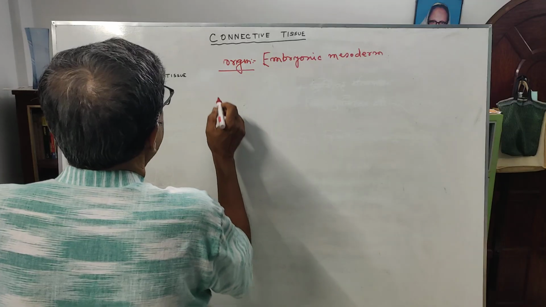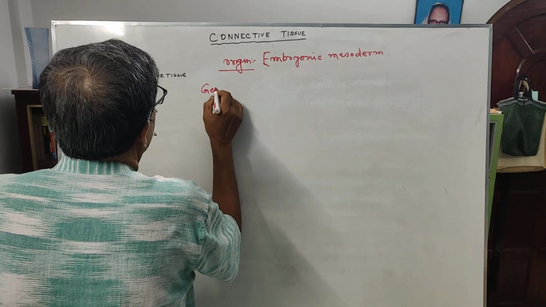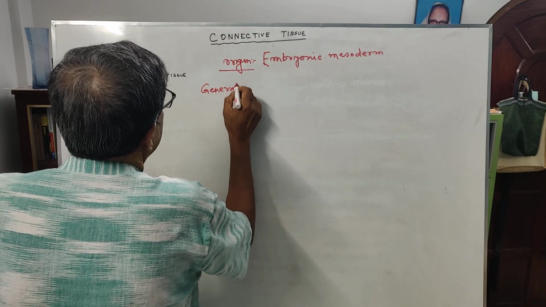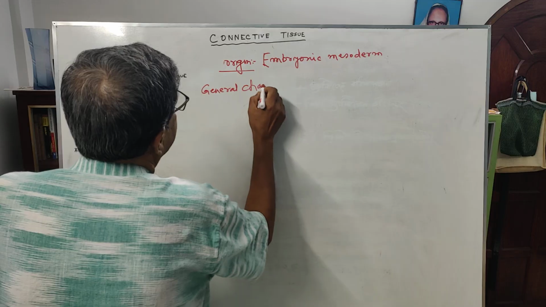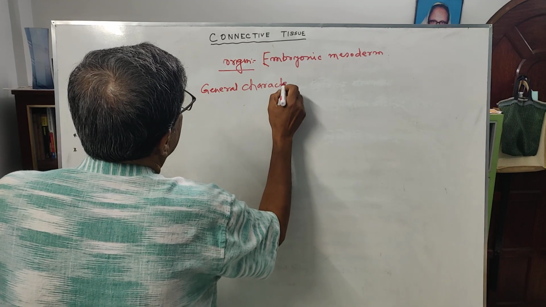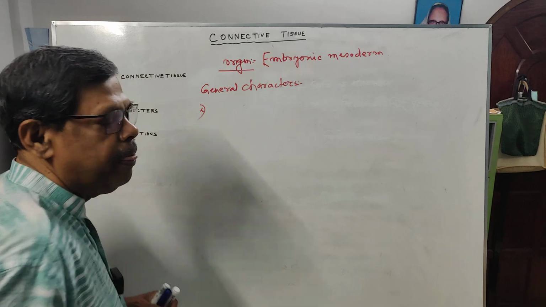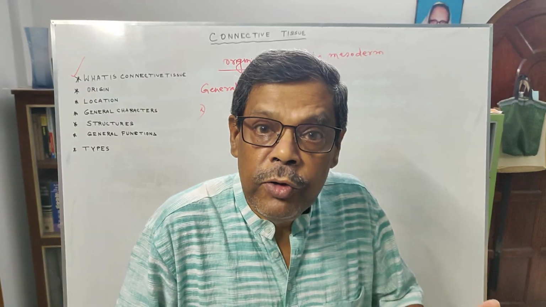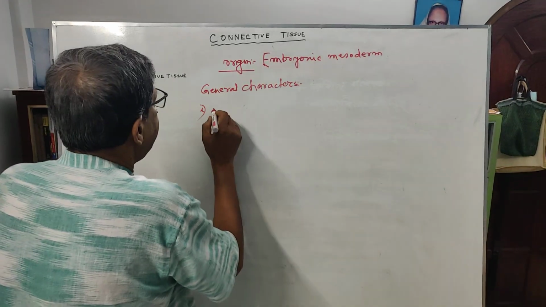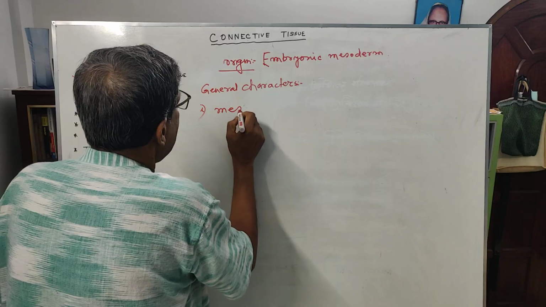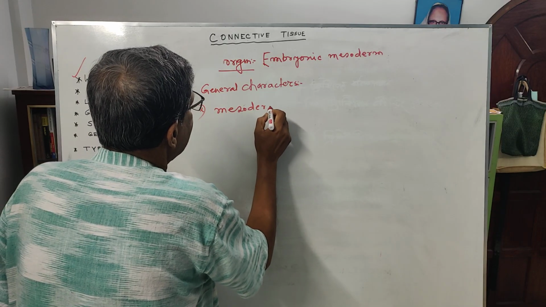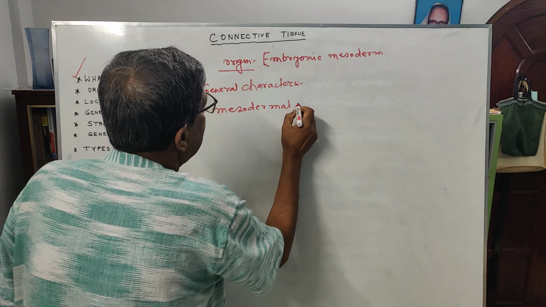Next, general characters. Number 1, it is of mesodermal origin.